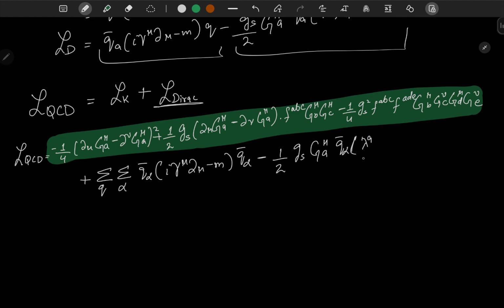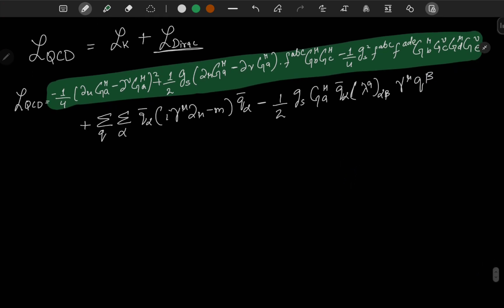I took the two outside, of alpha beta gamma mu q beta. Okay, so I have the complete QCD Lagrangian.